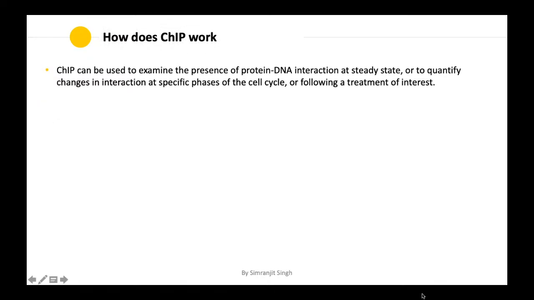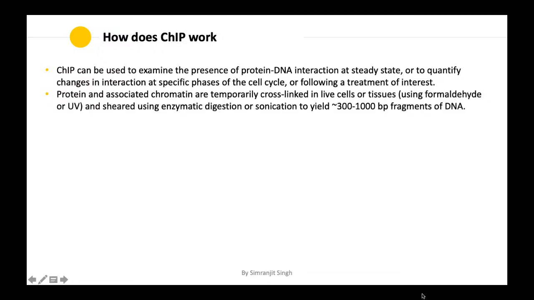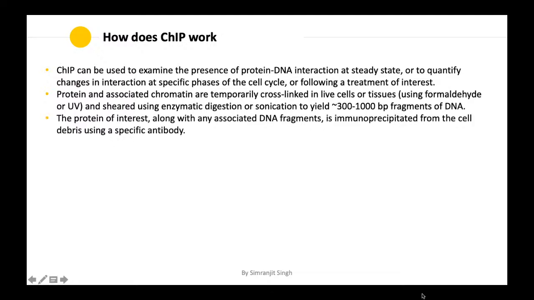So how does ChIP work? ChIP can be used to examine the presence of protein DNA interactions at steady state, or to quantify changes in interaction at specific phases of the cell cycle. Proteins associated with chromatin are temporarily cross-linked in the live cells. Then sonication is used in order to have fragments of 300 to 1000 base pairs.